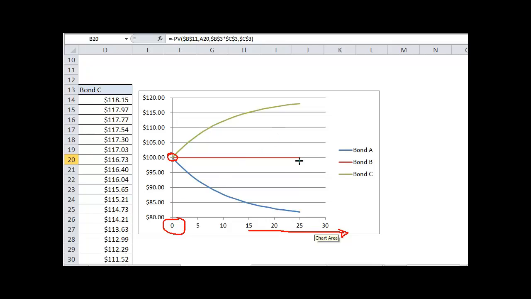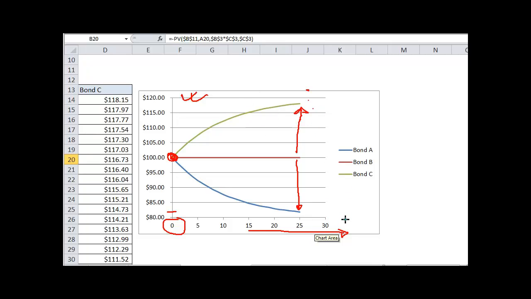However, when the time to maturity is 25 years, the first bond was trading around 81, below par, and bond C was trading above par, around 118. Gradually the premium bond would decrease over time, and the discount bond would gradually increase to the par value. So this is the relationship of the bond price.